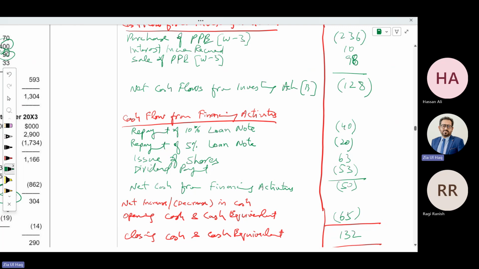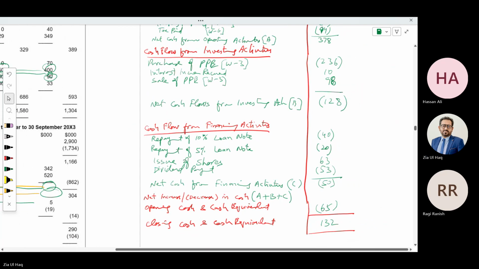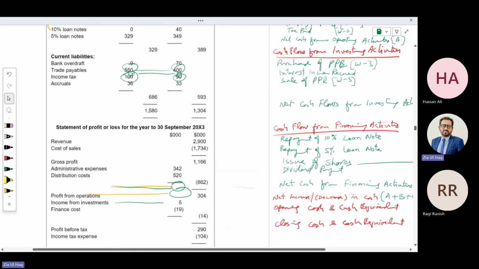Now can you check A, B, and C total? 200 positive. Then how will it become 132? We have 78. Issue of shares, we recorded 63.